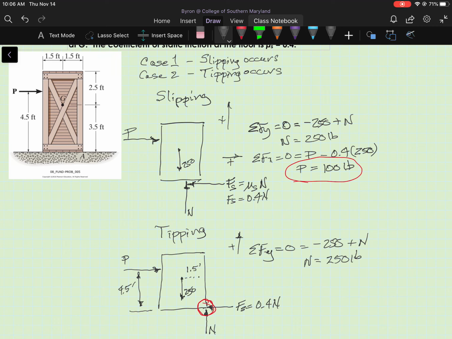Now we're going to sum moments about the tipping point. So let's sum moments, and that point was point A. I'll put that on here. Sum moments about A. It's impending motion, so it hasn't tipped yet, but it's just on the verge. So the crate is still in equilibrium, but it's getting ready to leave equilibrium.